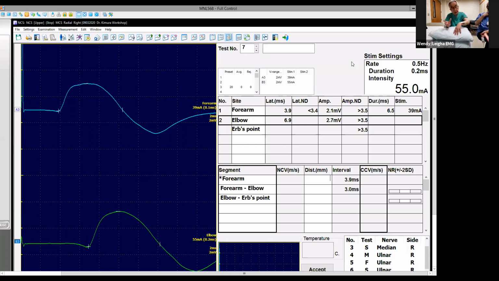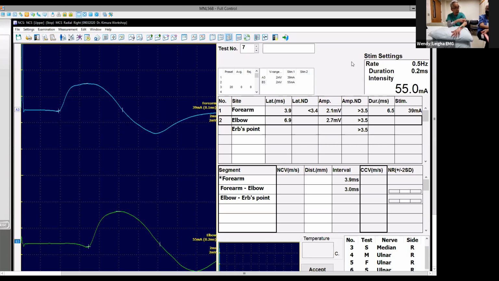They're asking you what the prognosis is. The injury site is usually around here, as we discussed, in the biceps tendon area. And if you stimulate distal to the site of the lesion, and you get a good response and good waveform, it's always a good prognosis because that means that the axons all survived.